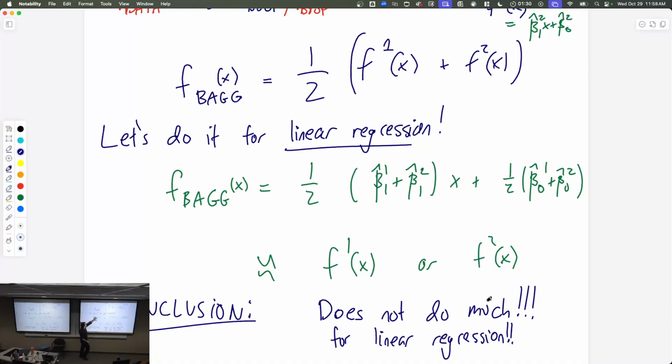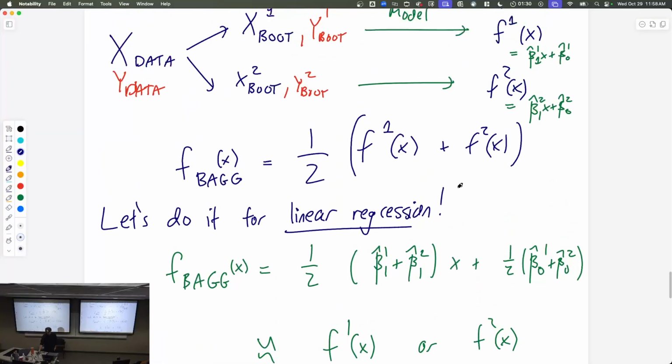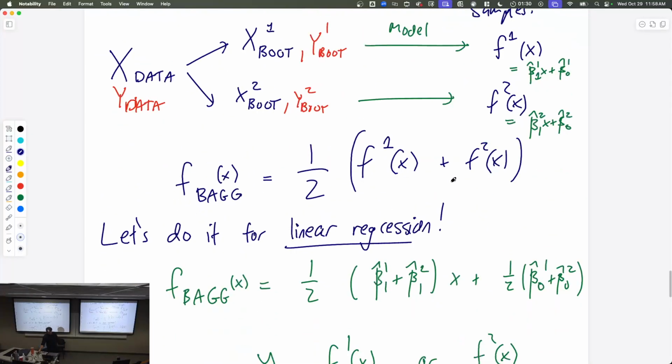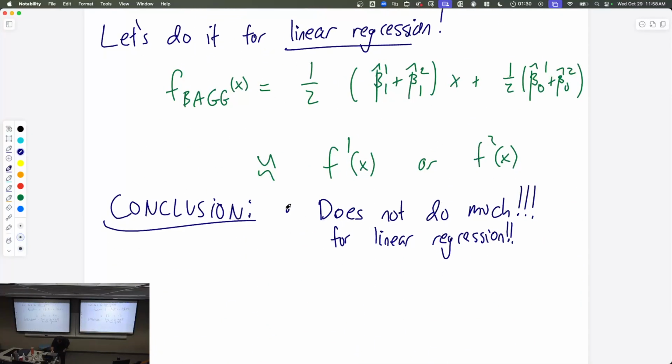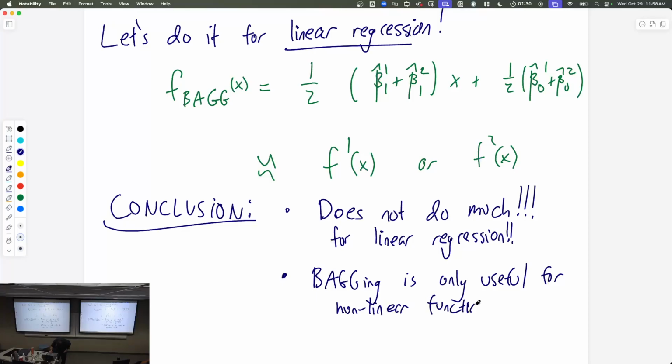So when you're doing this aggregation of averaging the things, it goes inside, and it's as if you didn't do anything. And so bootstrap aggregation is only useful if the functions are nonlinear. So bagging is only useful for nonlinear functions. And in this situation, for nonlinear functions, it can be extremely useful.